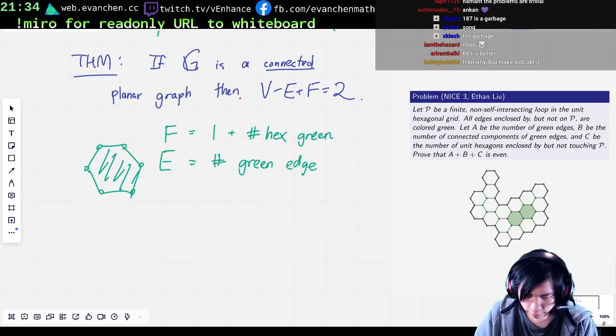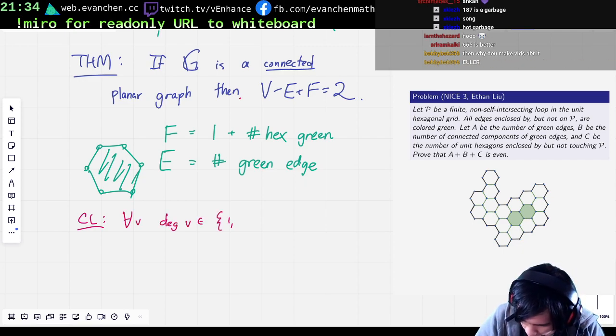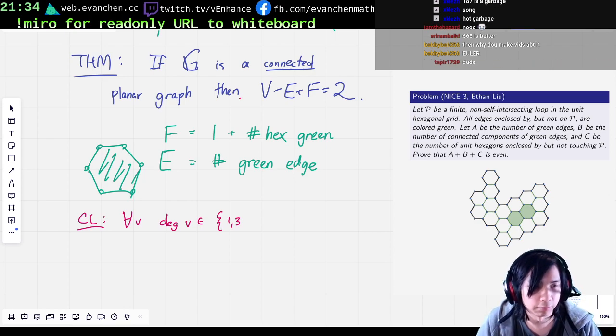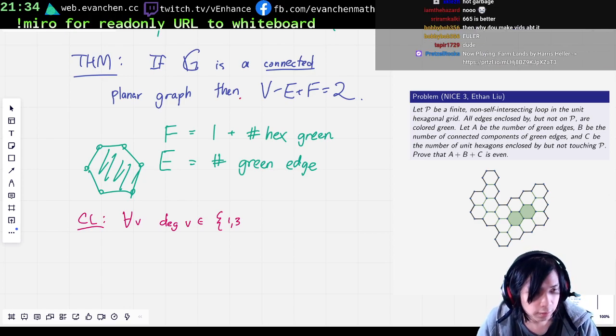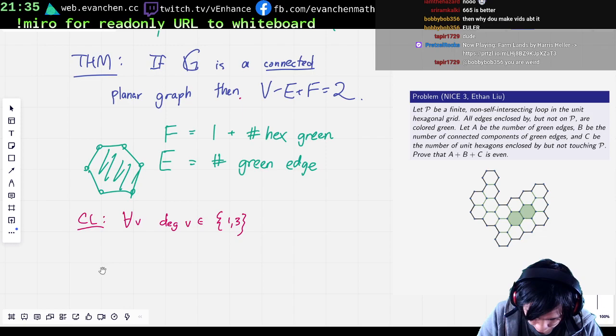On the other hand, the graph has an interesting property. It has the following claim: for every vertex, the degree of the vertex is either 1 or 3. Like every vertex has degree 1 or 3. And this is true because you can just kind of look at it.